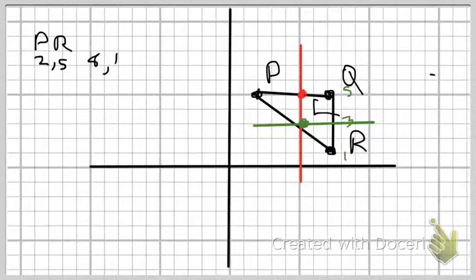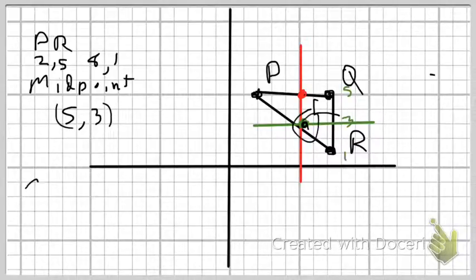PR is (2, 5) and (8, 1). So the midpoint: 8 plus 2 is 10, divided by 2 is 5, and 5 plus 1 is 6, divided by 2 is 3. So we get (5, 3). Regardless of what the slope is, we know that's our point of concurrency. The point of concurrency of all perpendicular bisectors is going to be (5, 3).